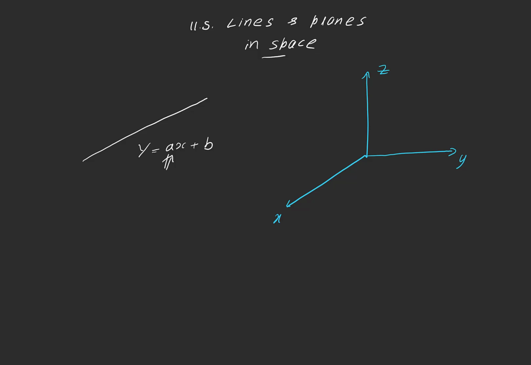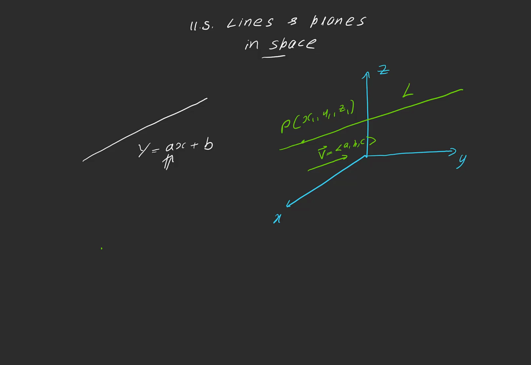In this 3D space, consider the line L that goes through the point P (x1, y1, z1) and is parallel to the vector V, so V is the vector (a, b, c).